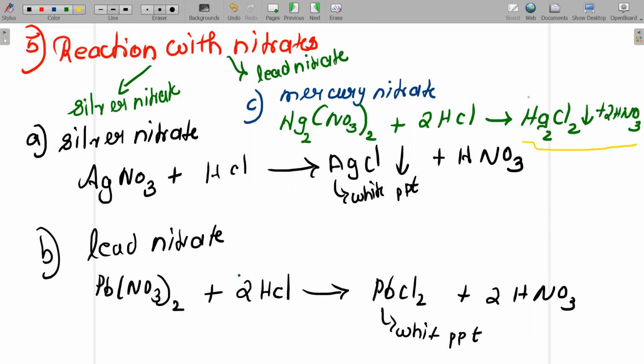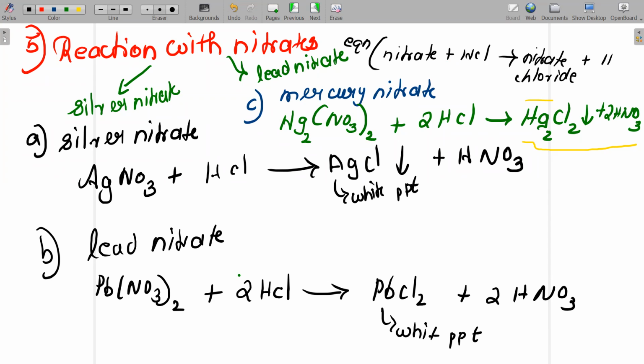Here, I can introduce one equation to remember this concept: nitrate plus HCl gives that particular chloride plus HNO3. Understood? And balance the equation.